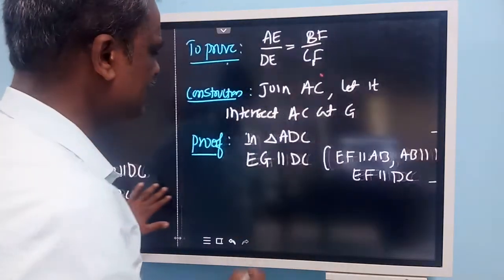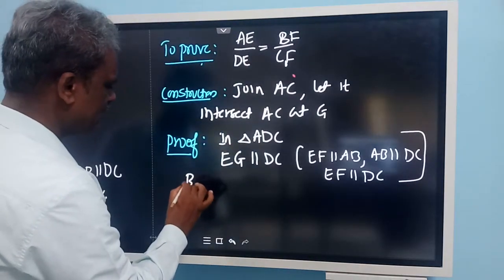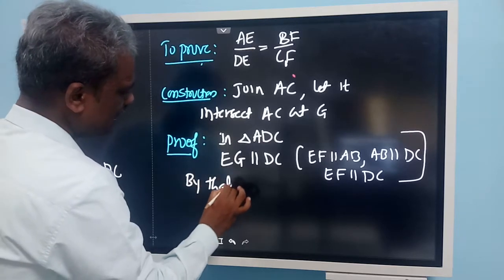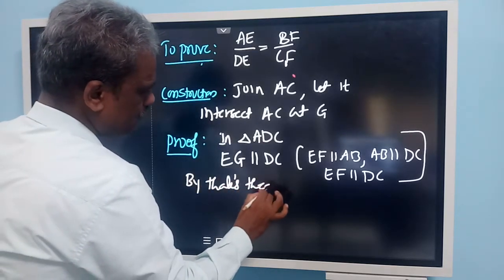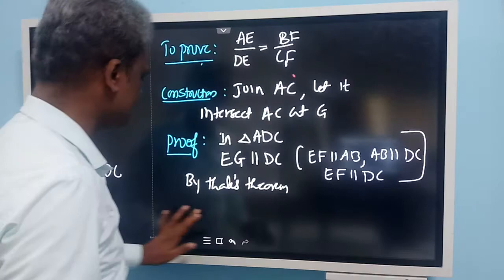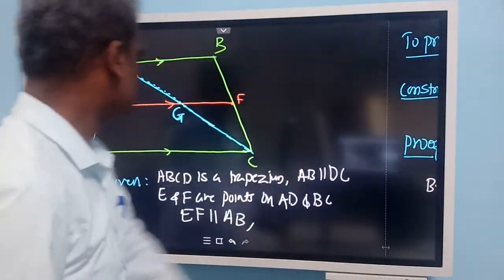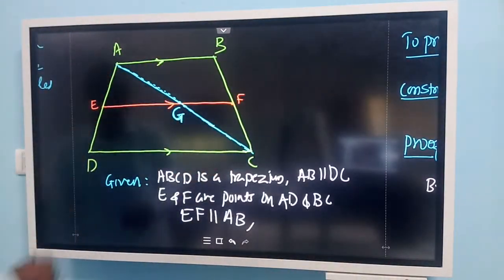So now by Thales theorem, you can apply Thales theorem now. Tell me what you can write by Thales theorem here. In this triangle, apply Thales theorem.